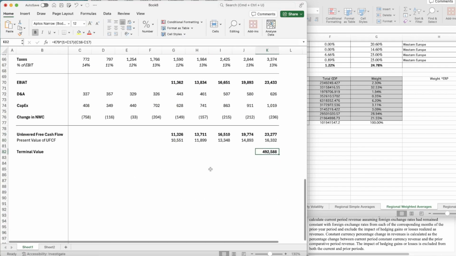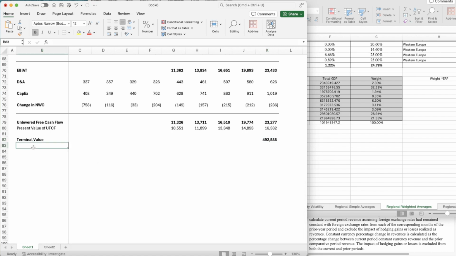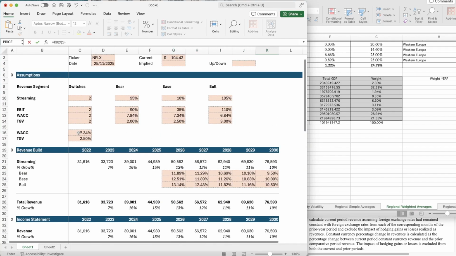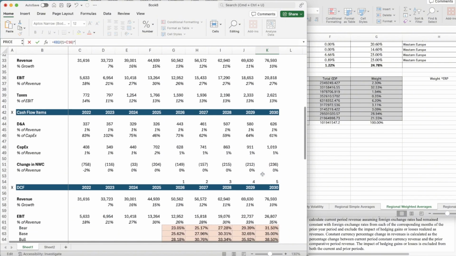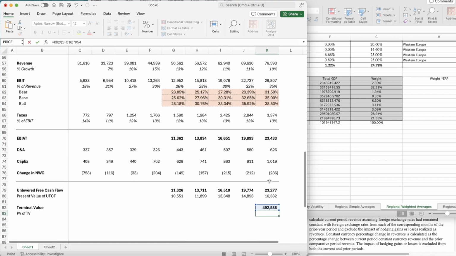This is saying the terminal value is about $490 billion. The present value of terminal value is, again, we just take the terminal value divided by 1 plus the WACC to the power of that final year, which is 5.